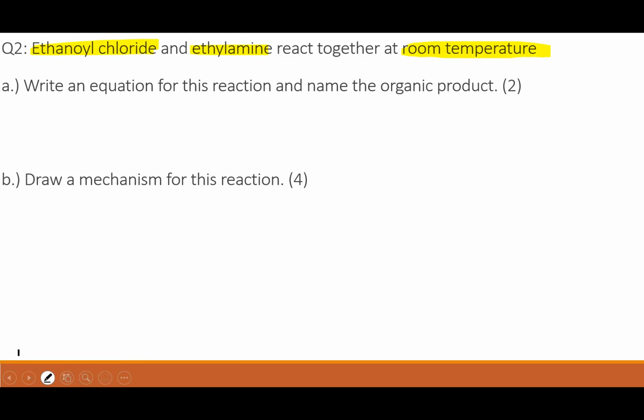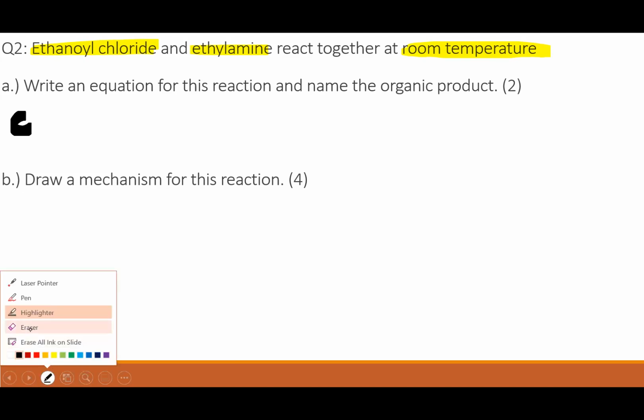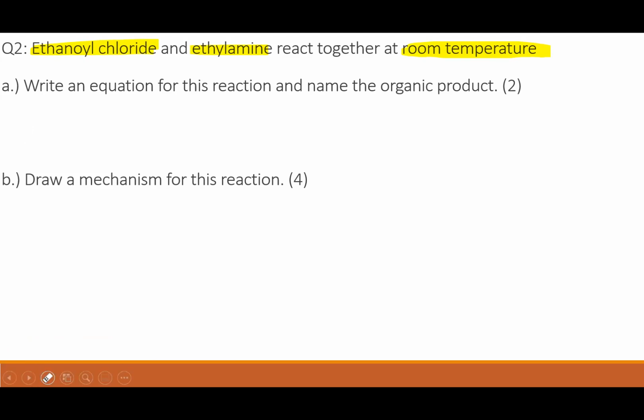So the first thing I do is I draw out ethanoyl chloride. Most of the time they're going to use ethanoyl chloride. So as we know by now, ethanoyl chloride looks like this: CH3COCl, and we're going to react it with ethylamine, which is CH3CH2NH2 at room temperature.